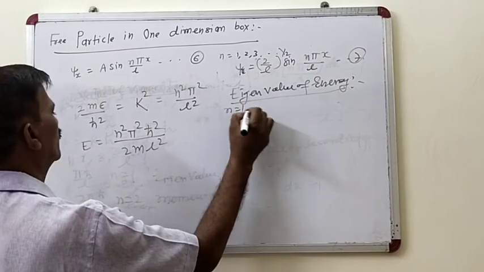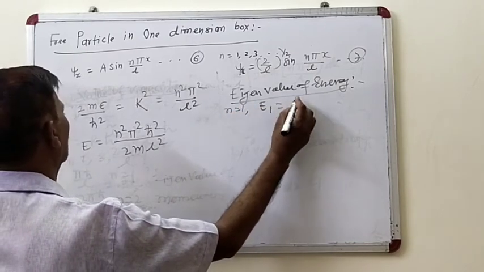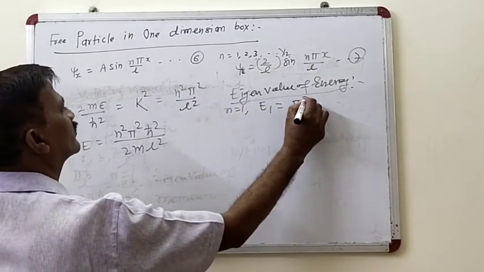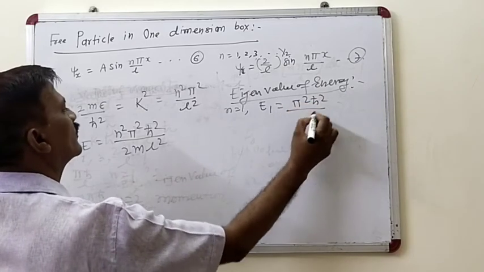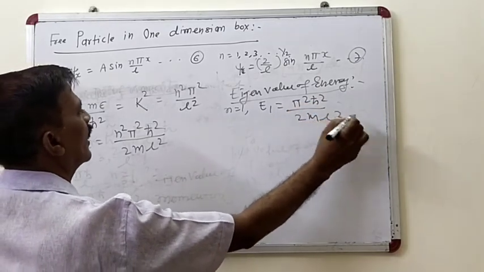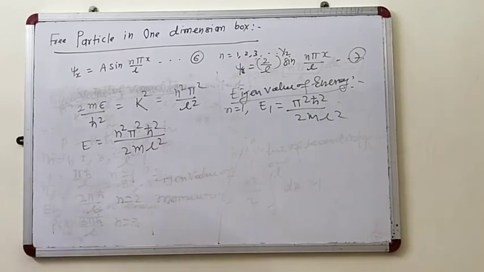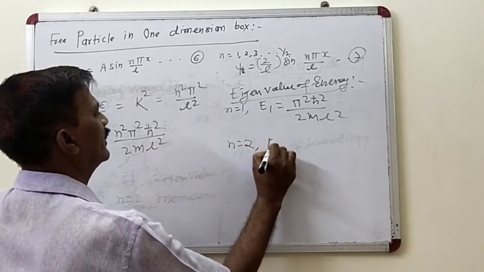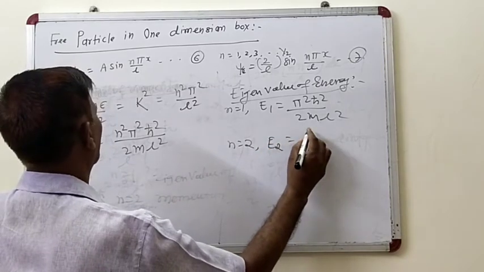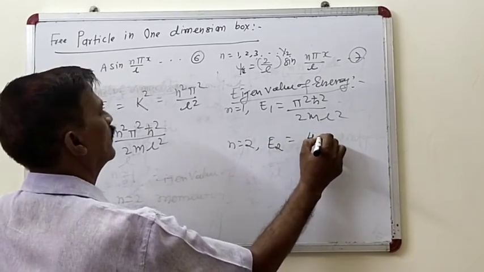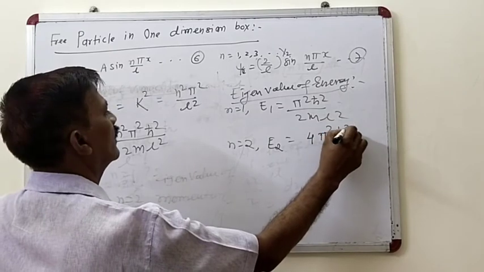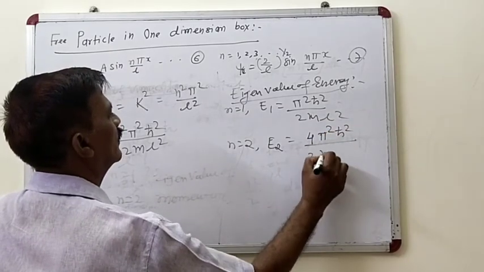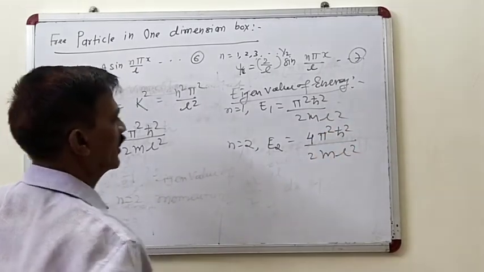Put n is 1, we get E1 equal to pi square h cross square by 2 m L square. When n is 2, E2 is 4 pi square h cross square by 2 m L square.